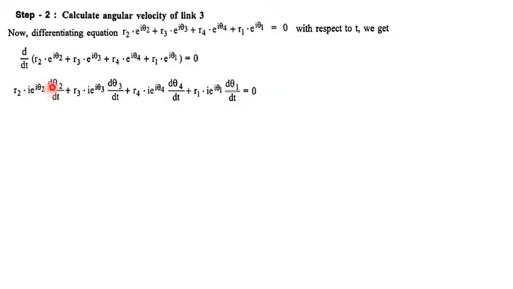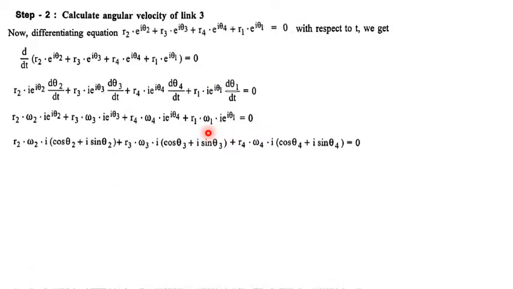Correct. So d theta by dt is nothing but what? Omega. So here in place of this, we have to substitute omega 2, omega 3, omega 4 and omega 1. So we have to substitute omega 2, here omega 3, here omega 4 and omega 1.